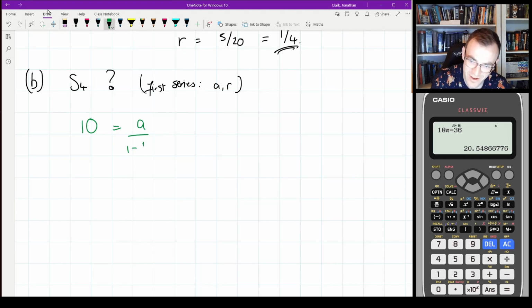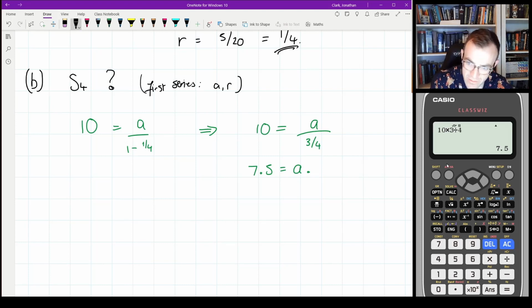Struggling to find the pen. There we go. So I can tidy this up. So 10 times 3/4 is going to give me my starting term, which is 7.5.